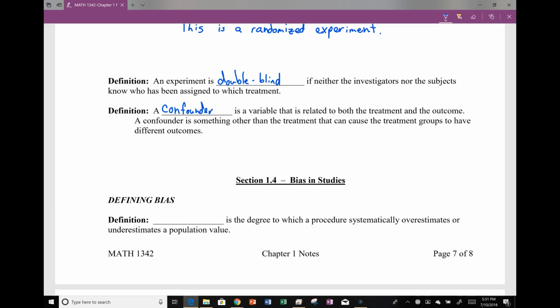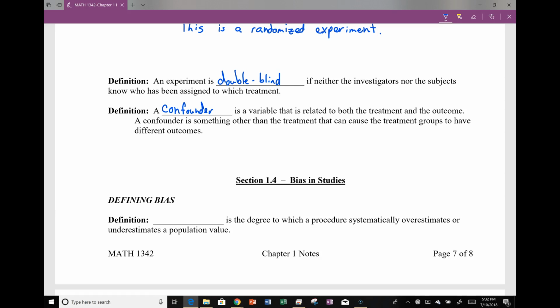Therefore, the medication may work differently on a male than it does on a female. You can't control whether you're male or female, but it does have that other effect of it. Just like age can also have an effect of it. Those that are older may have one result than those that are younger.